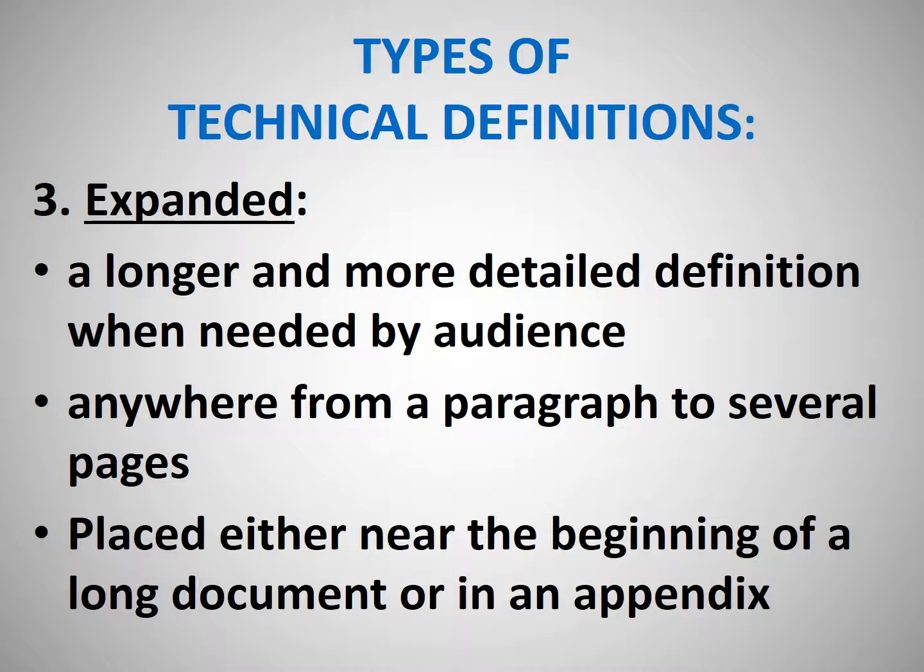So it's either going to be at the very beginning of a long document, or you're going to decide that it needs to be a separate connected document, which we call an appendix. All right? So if it is long and involved, but you feel like including it in the document itself may get in the way of the reader's understanding rather than clarify, then what you say is, we're going to make this a separate document and we're going to connect it to our original document as an appendix. All right?